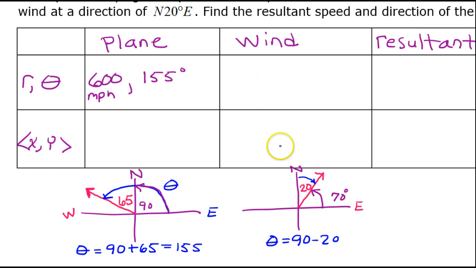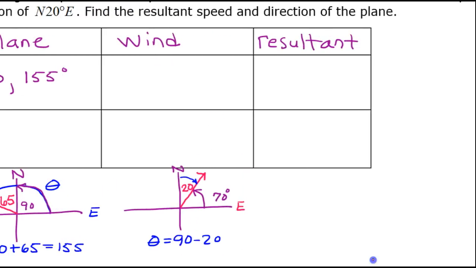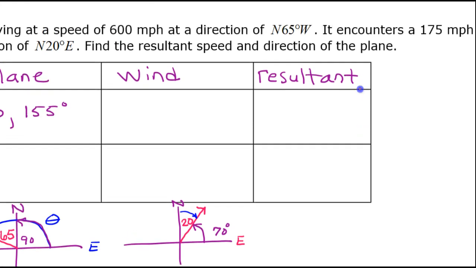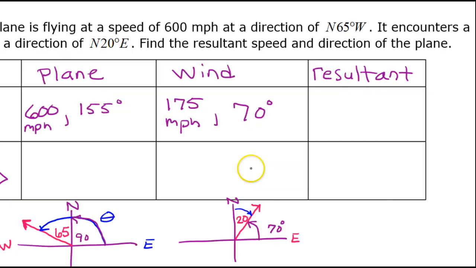But you know what? I forgot to mention the magnitude. It encounters a 175 mile per hour wind. So the magnitude is 175 miles per hour, and then the direction is this 70 degrees.